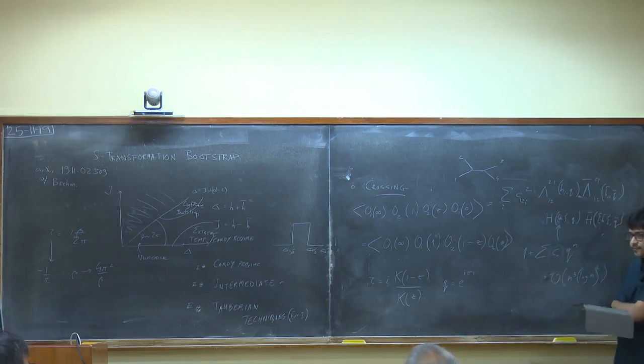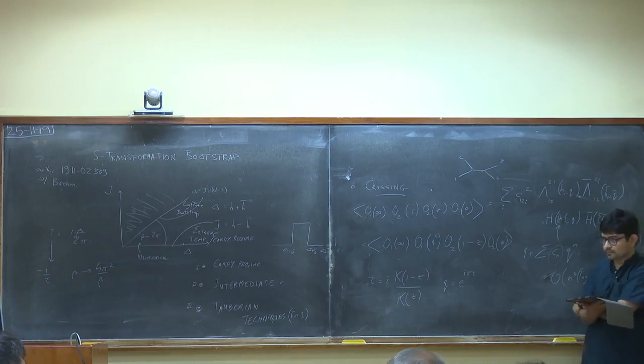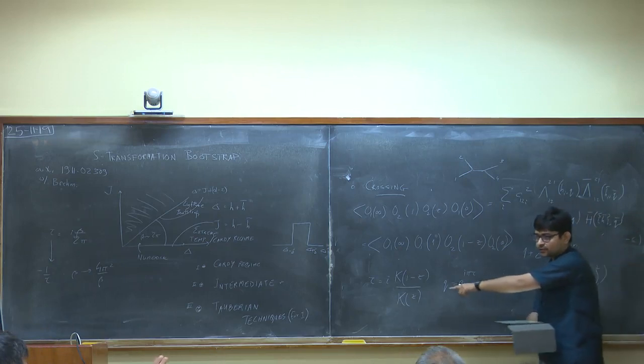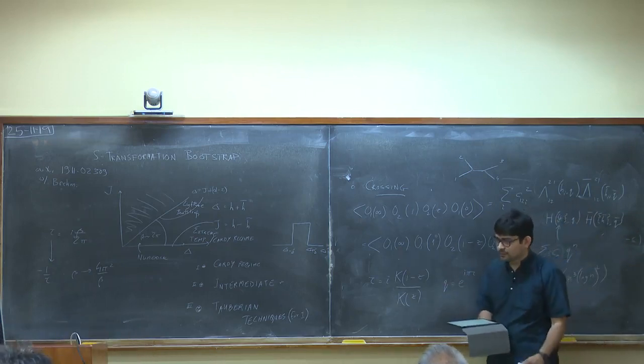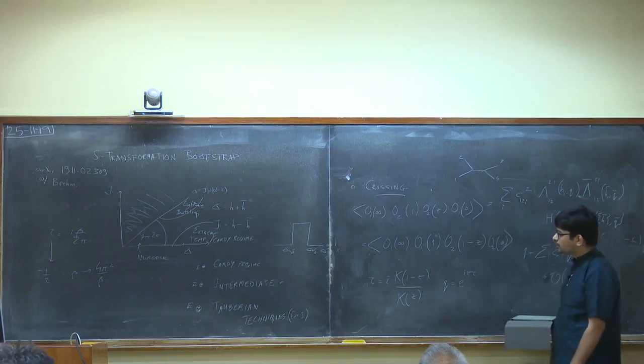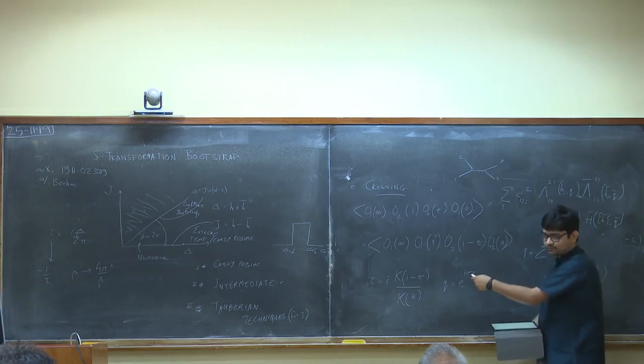And physically, the limit you're going to in this q expansion is, basically, q going to small is also z going to small. If I plot the cross ratio, small is also q going to small. And z going to 1 is basically beta going to 0 here.